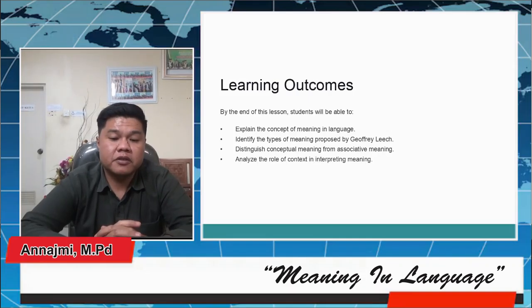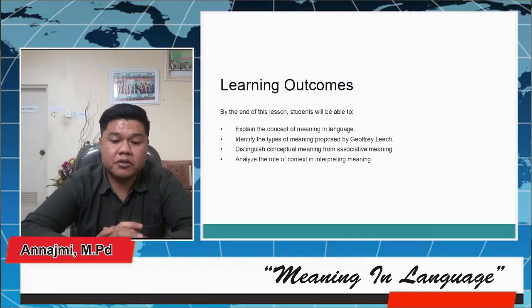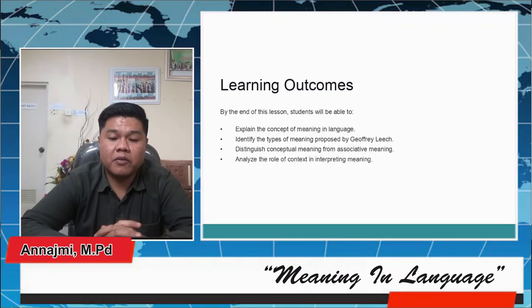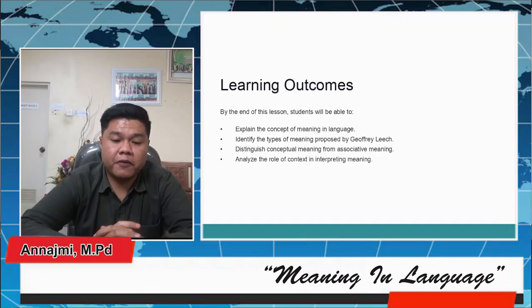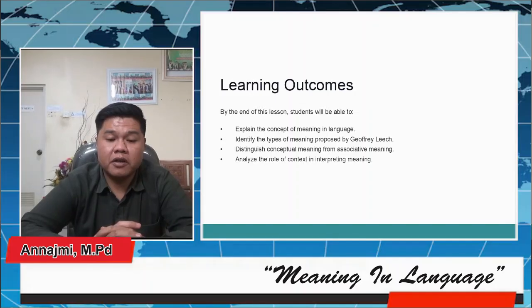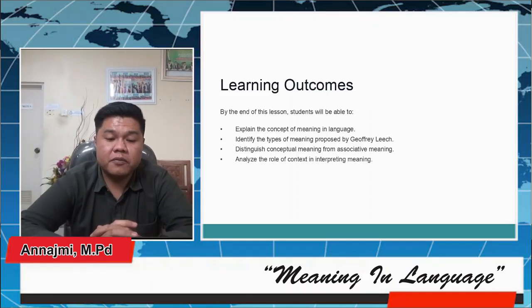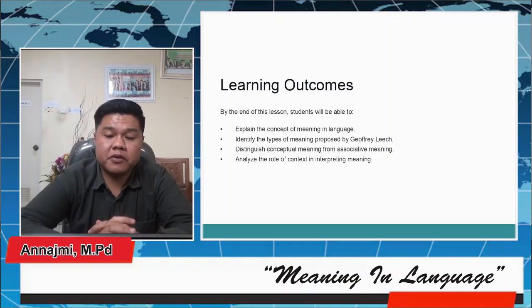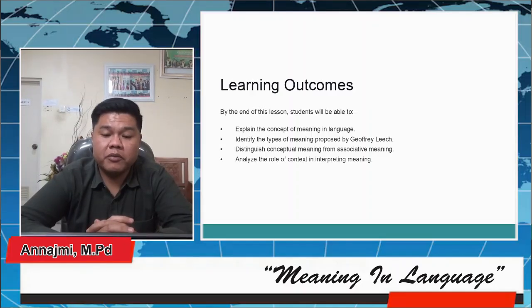For the third, you should be able to distinguish conceptual meaning from associative meaning using appropriate examples. And finally, you should be able to analyze how context shapes the interpretation of meaning in real-life communication. These competencies are important because effective communication requires us not only to know the meaning of words, but also to understand how meaning changes according to different situations.